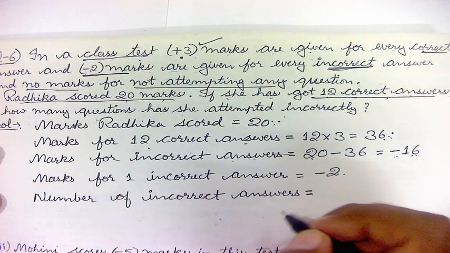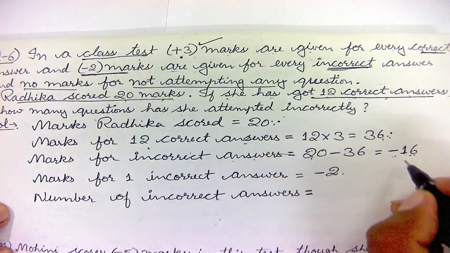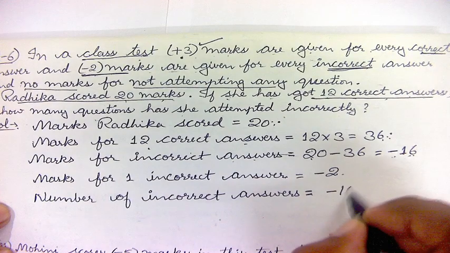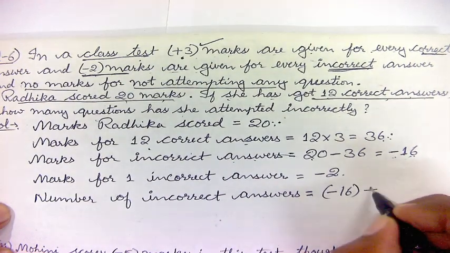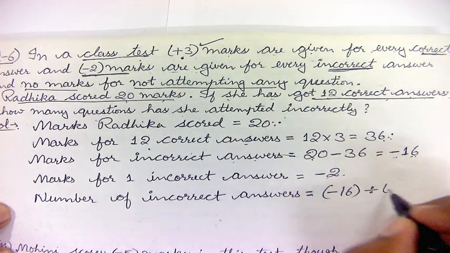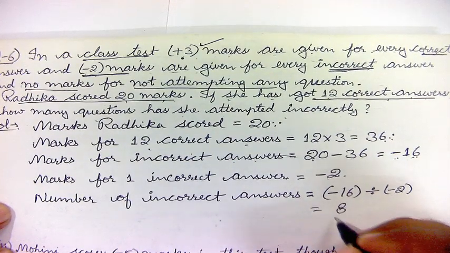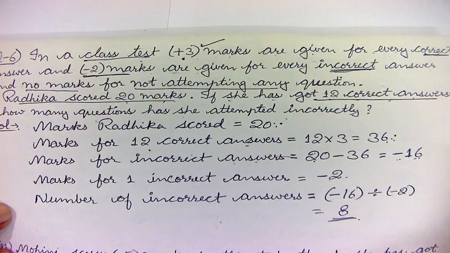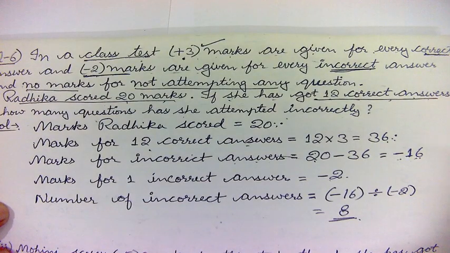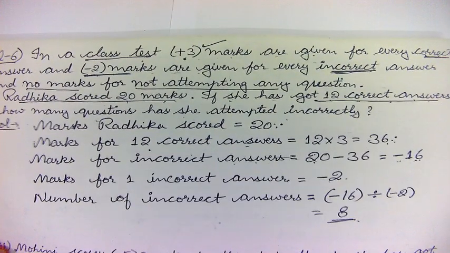So how many questions or how many answers were incorrect? Total incorrect marks is -16 divided by one incorrect marks, that is -2, and you get it as 8. So in total there were 8 incorrect answers.